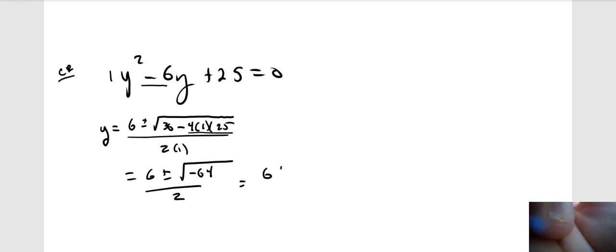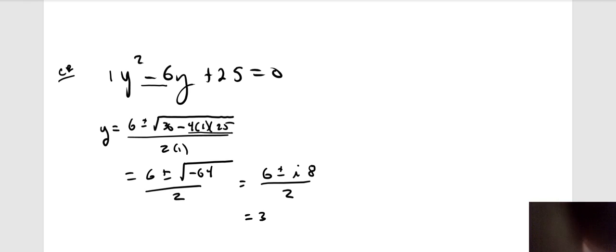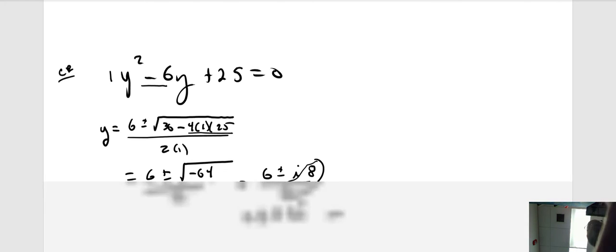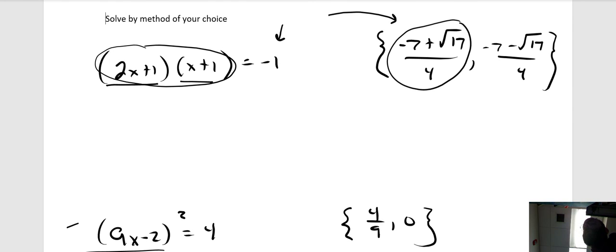So this is 6 plus or minus i times the square root of 64, which is 8, over 2. So this is 3 plus or minus 4i, and there's our two solutions. Now the 4 is coming from 8 over 2, and I just wrote the 4 first.